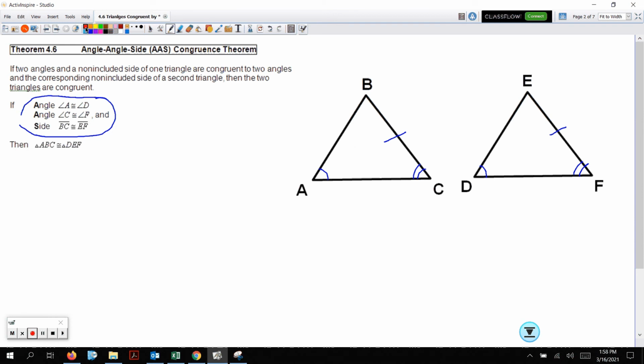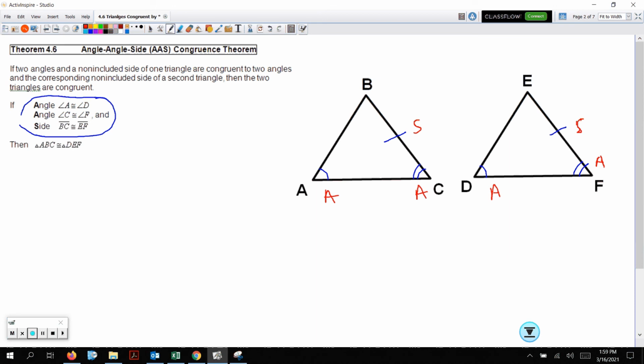Now, if we look and see what we have, angle, angle, side. If you went the other way, side, angle, angle, you're going to be like, I don't know if that's a theorem because there's so many A's and S's. But what I want you to do is go to page 250 in your book, and there is a pretty cool graphic that is a summary of the 5 congruency theorem / postulates that we're going to use for these triangles.